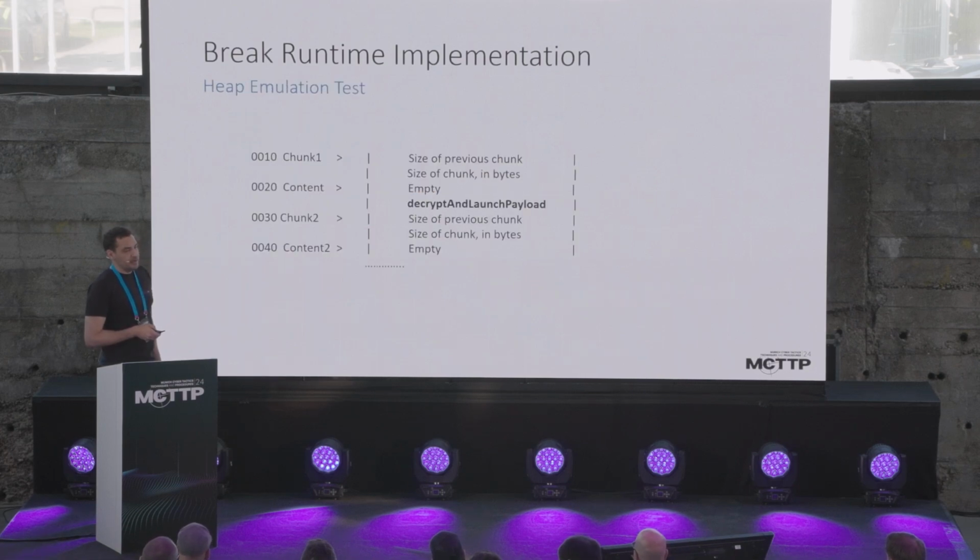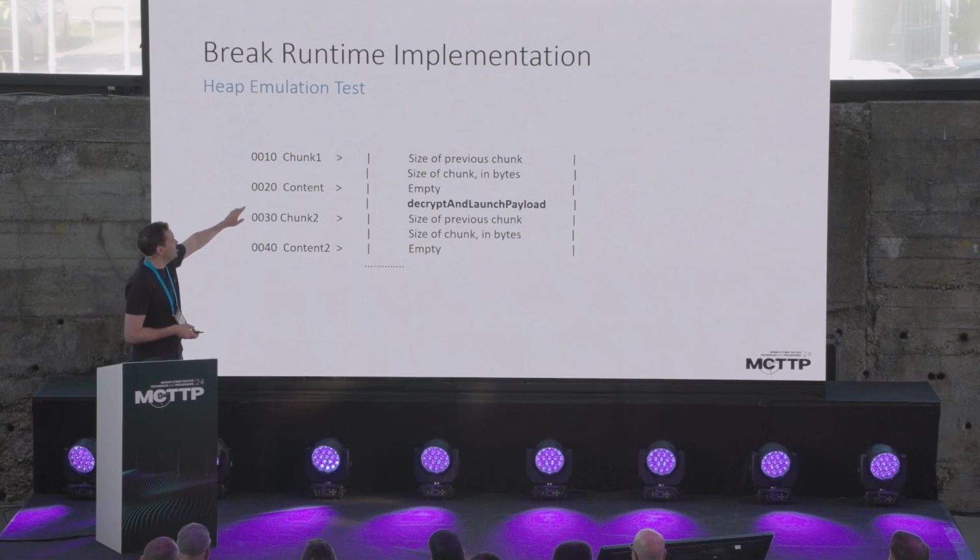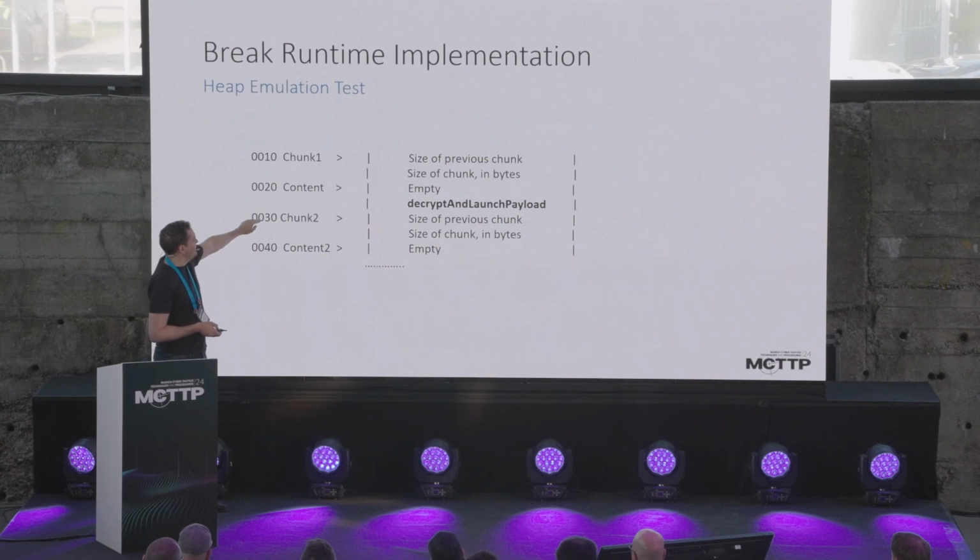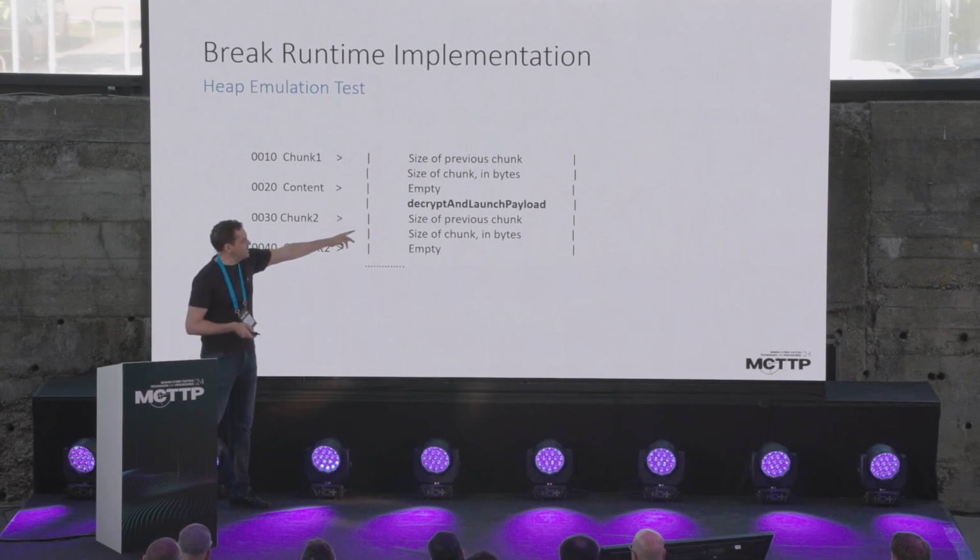Something else I did is attack the heap. When you allocate memory on the heap, I allocate a long variable called content, and I allocate a second variable with the same size. In the heap, it's going to be organized this way: first variable, second variable, and you have some metadata in between, like the size of the previous chunk and the size of the next chunk.